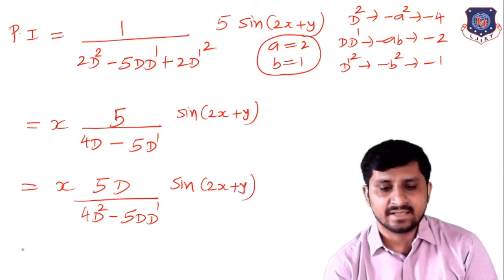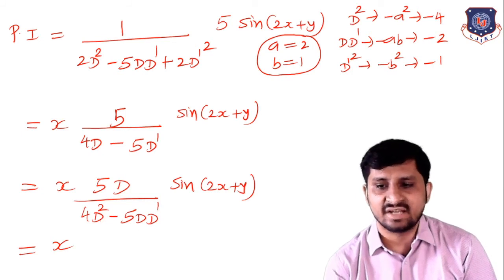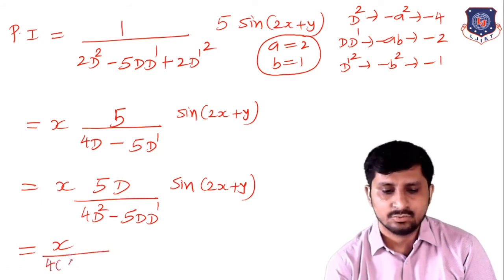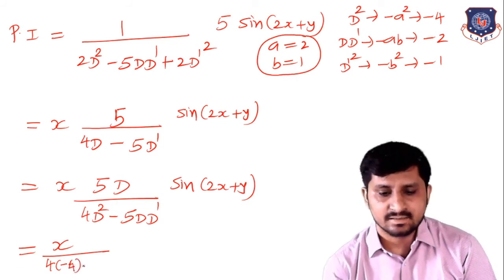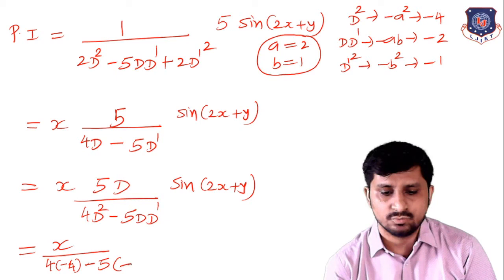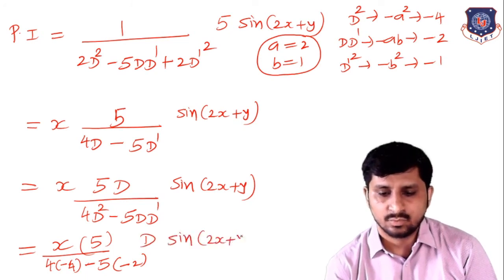Now you can apply the same rule. Instead of D square we have minus 4, so 4 into minus 4, and minus 5 D D dash, instead of D D dash I can take minus 2. So minus 2, and 5 is already there, and D sin(2x plus y).